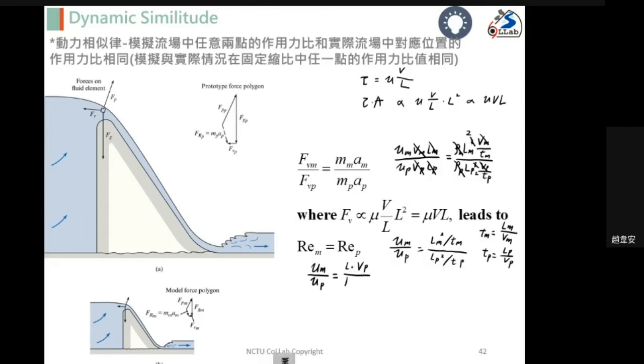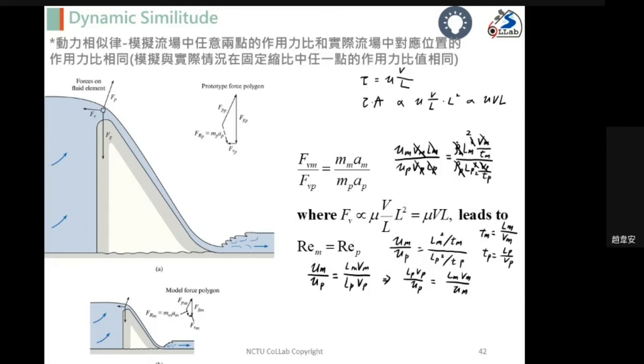Then we can put all of the prototype parameters together and the model parameters together. So we have Lp Vp divided by mu p equal to Lm Vm divided by mu m.